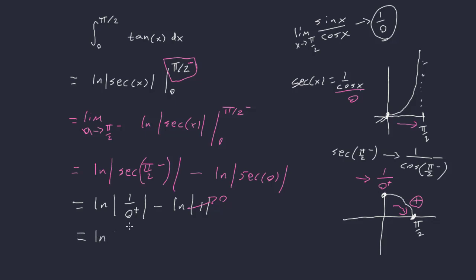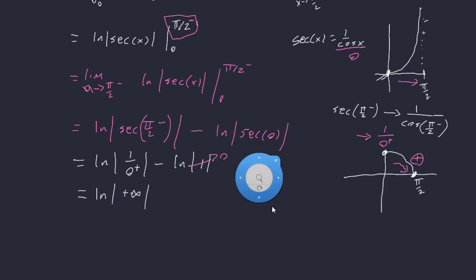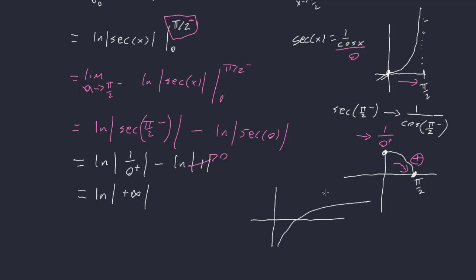Okay, well, this is a plus infinity. Now, this is bad form right here. We're not usually allowed to just plug in an infinity, okay? But I do, because if I needed to write this as a formal math paper or formal homework, then I would put my limits in. But anyway, natural log looks like this.